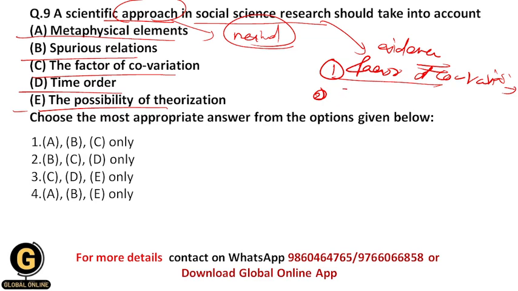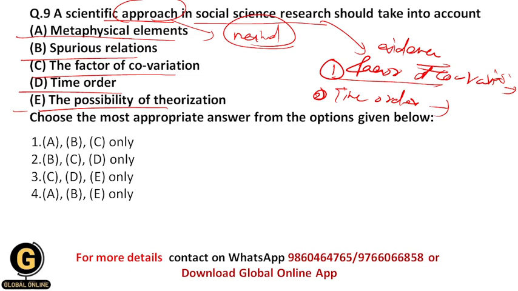Then the second one is time order. Time order means there are two kinds of variables, independent variable and dependent variable. The independent variable is the cause variable which causes the effects, and the dependent variable is nothing but the effects which are caused by the cause variable.